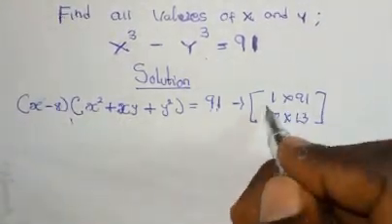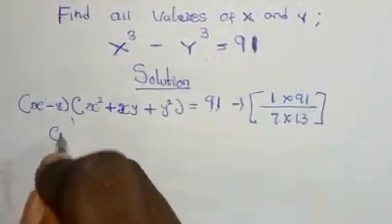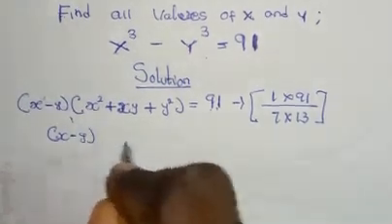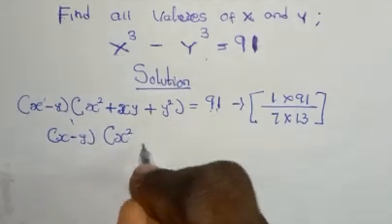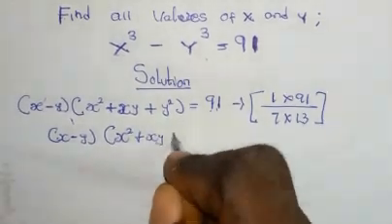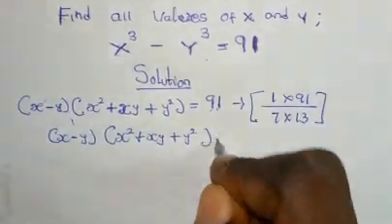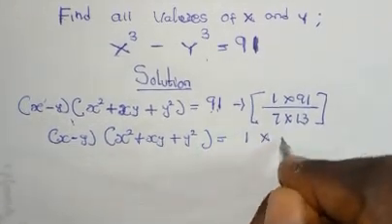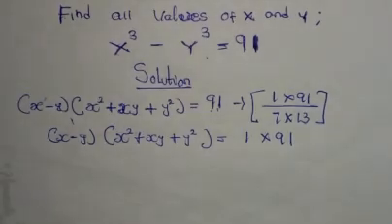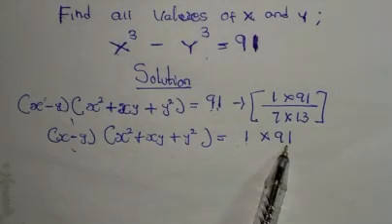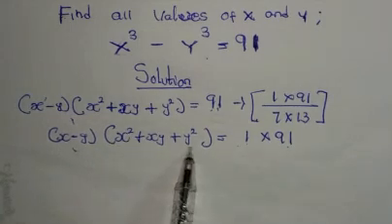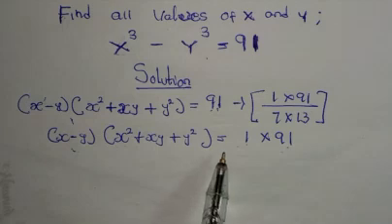So now starting with this, we have (x minus y)(x squared plus xy plus y squared) is equal to 1 times 91. So let the smaller number equal 1 because 1 is less than 91, and the higher number be 91.